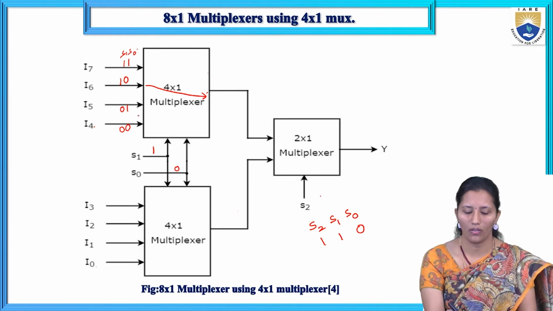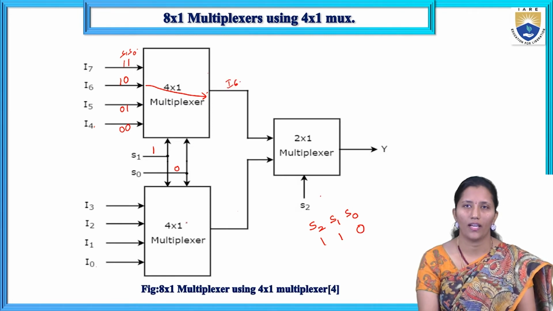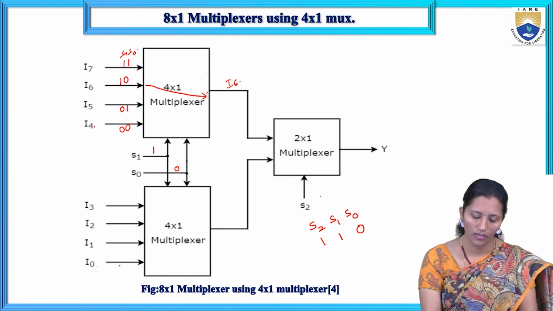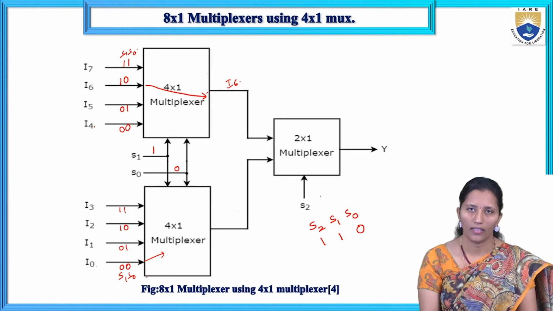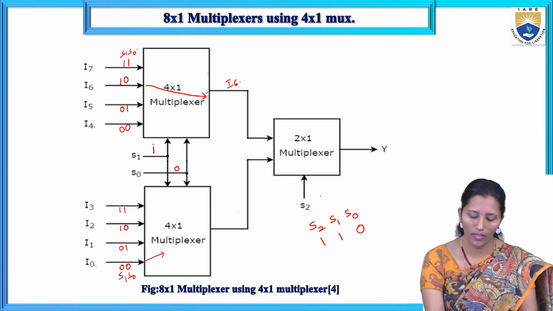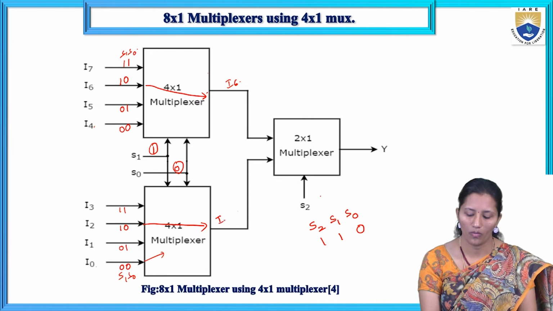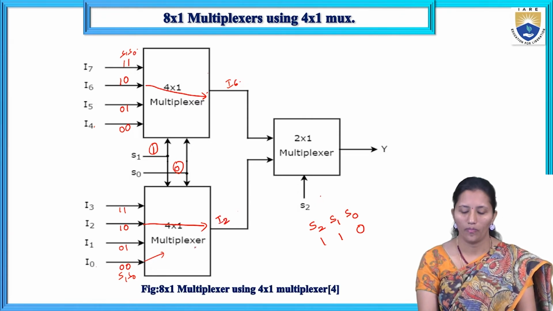So for 1 0, I6 is mapped to the output of this first 4 by 1 multiplexer. For the other multiplexer, selection line 0 0 maps I0, 0 1 maps I1, 1 0 maps I2, 1 1 maps I3. Here we are giving S1 and S0 as 1 0, so I2 data will be transmitted to the output of this multiplexer.